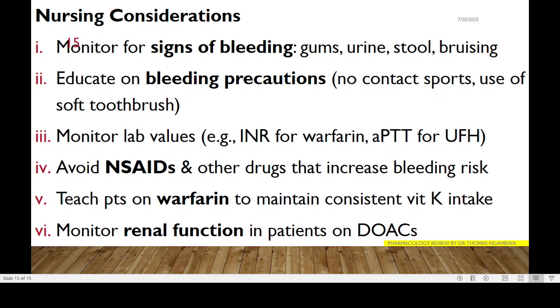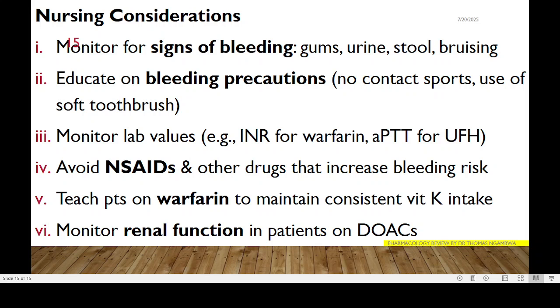Lastly, you need to monitor renal function in patients with the DOACs, like rivaroxaban, so that they are able to have the appropriate amounts that the kidney is able to eliminate comfortably. So that has been the presentation on anticoagulants.